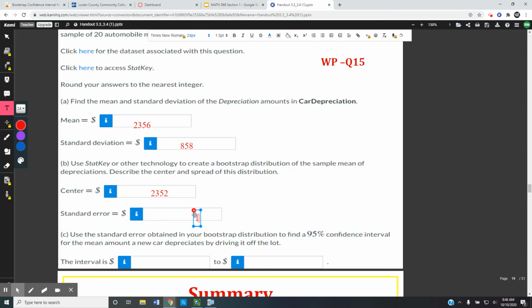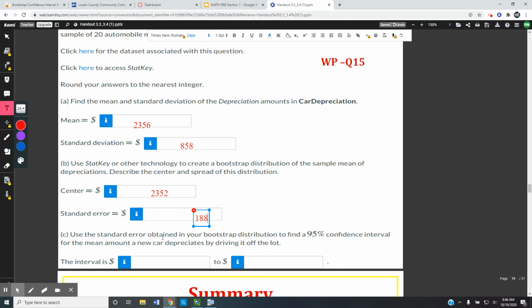That could be completely different for you. If you ran less, this would be a greater number. If you ran more, this would be a lesser number. If we tell you how many samples to run, then run those many samples. If it doesn't tell you how many samples to run, I'm recommending 10,000.